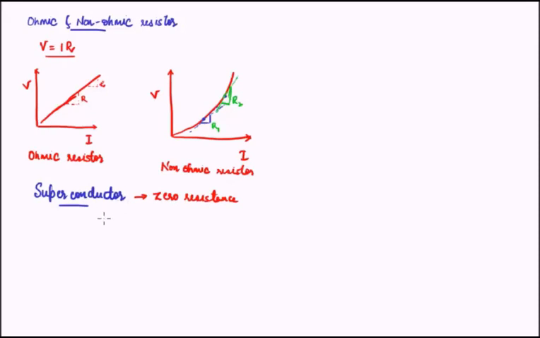An example would be mercury, Hg, below 4.2 Kelvin. That is very close to the absolute zero temperature, right? Or lead below 7.25 Kelvin. So these are examples of superconductors.